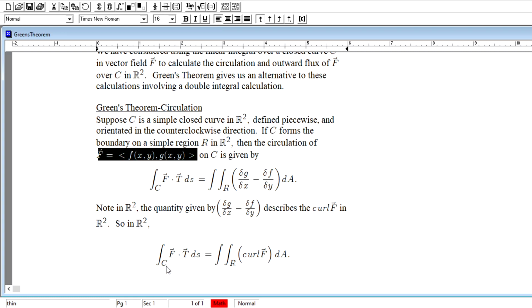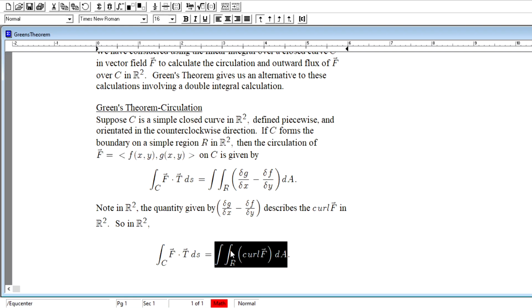So what we are integrating when we perform this line integral over this closed curve C that defines this simple region R is the curl of that region R at every single location in that field. We are, in a sense, adding up the curl at every single location in that region R, and that is telling us the overall circulation that we will see on the boundary of R. All right.